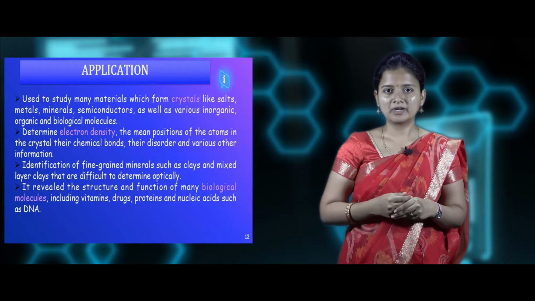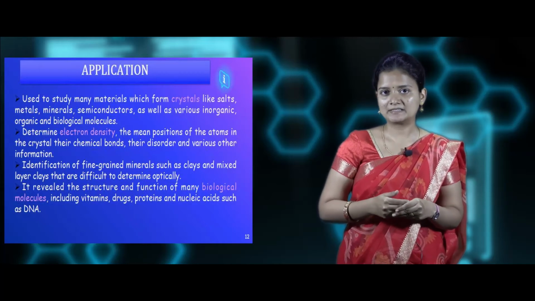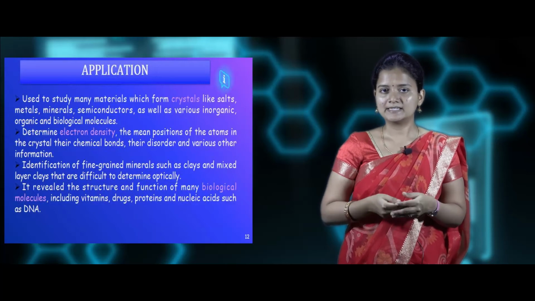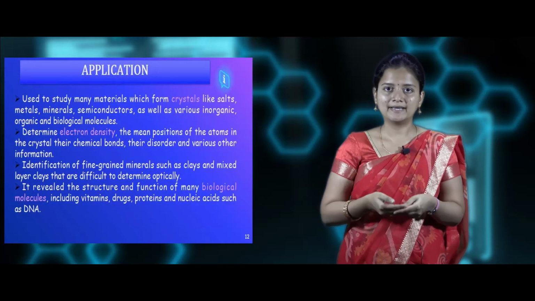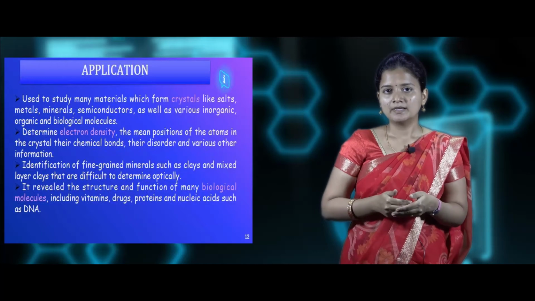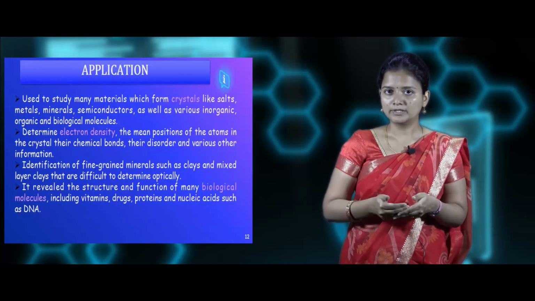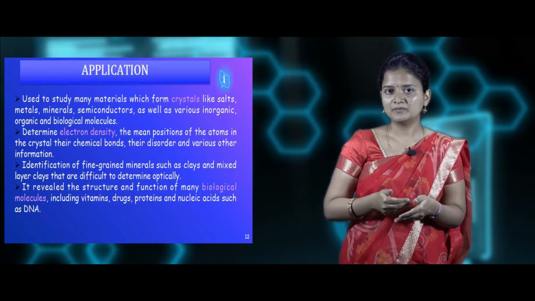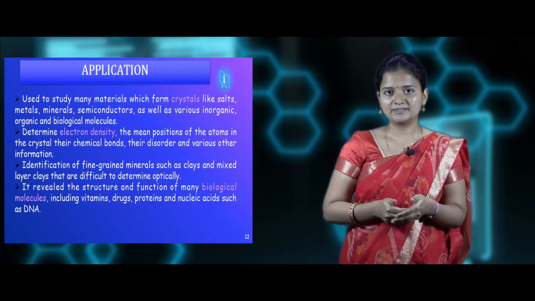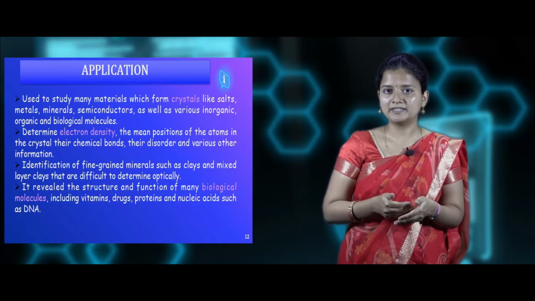Applications of X-ray crystallography. It is used to study materials like metals, minerals, clay particles, semiconductors, as well as inorganic, organic and biological molecules. It is also used to find the electron density, so the atoms or molecules present in the crystals can be determined with the help of X-ray crystallography. Their chemical bonding, interactions and disorder can also be determined.